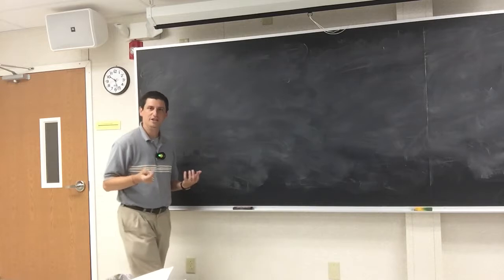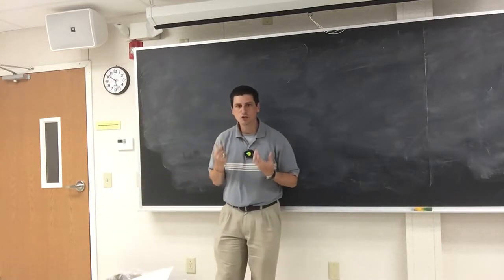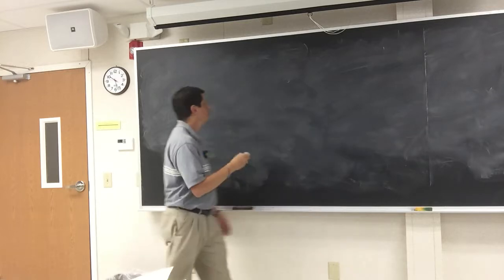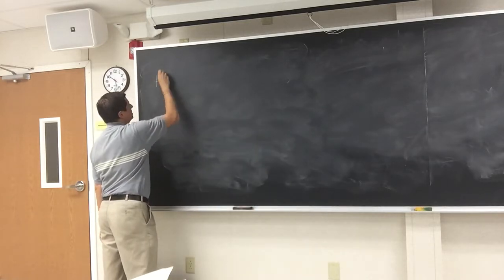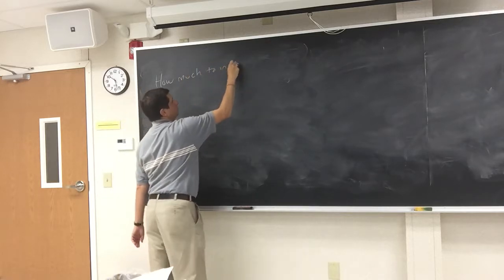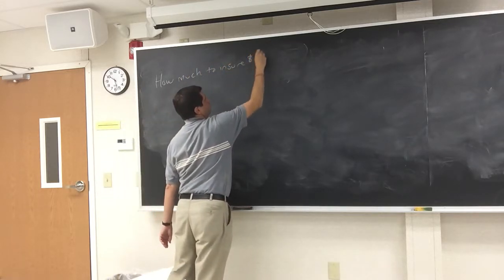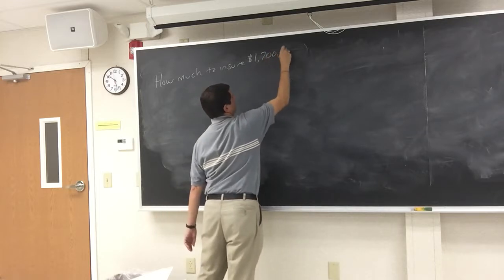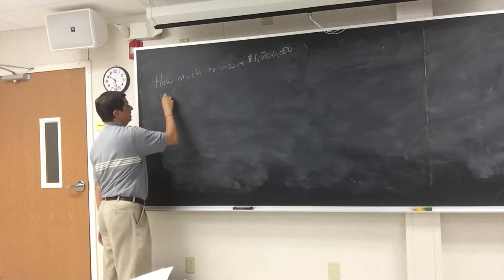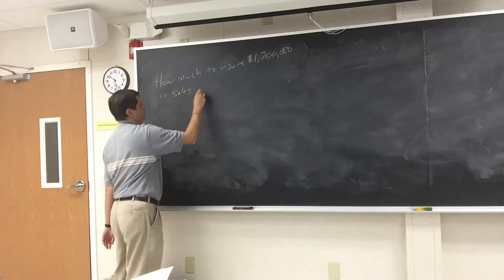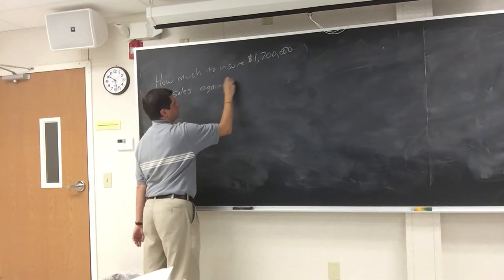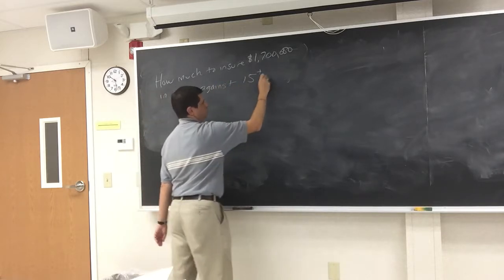So the question here is, what is the correct value for the insurance of the Indians' streak? So it's how much to insure, say, $1,700,000 in sales against 15 or more straight wins.